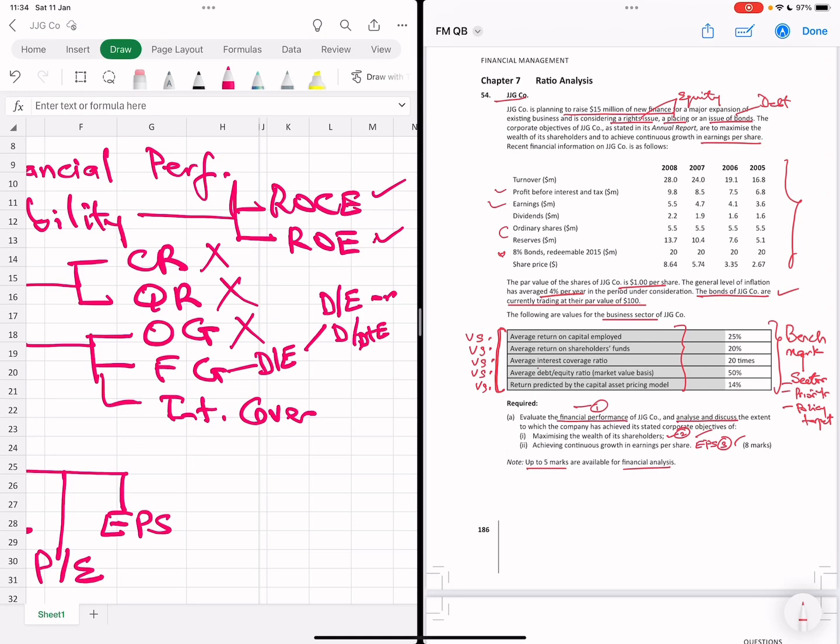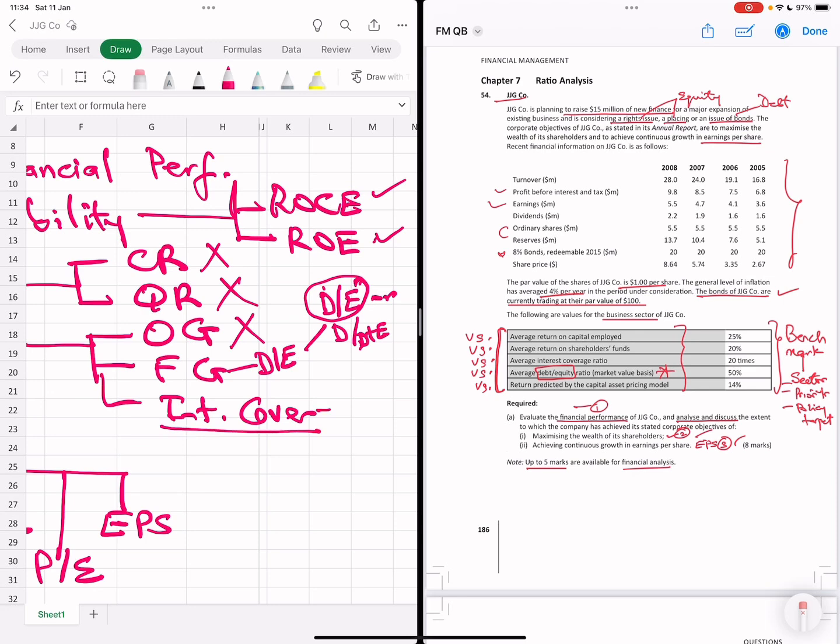See the benchmark here is debt equity. So which means when you are doing your own, you do debt equity. Another trick they bring here is whether you are going to be doing it using the book value or market value. You can see the benchmark you have is market value basis. So which means you need to be using market value of debt and market value of equity in your calculation as well. So please take note of that.